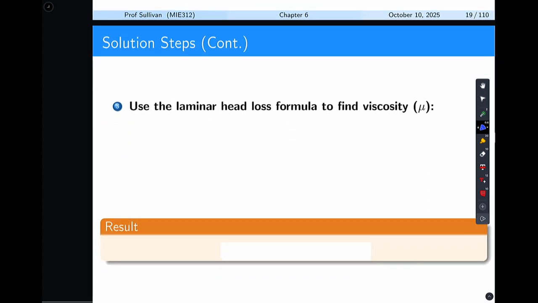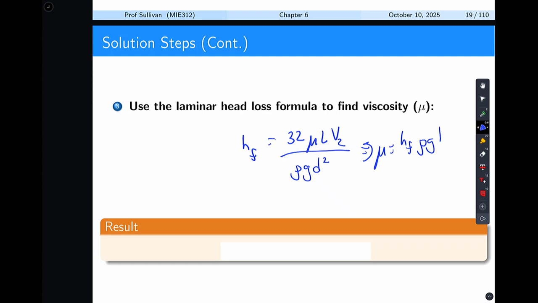So if you use that laminar head loss expression, substituting the terms in, you already know what the head loss is.